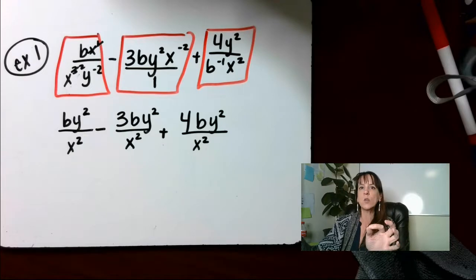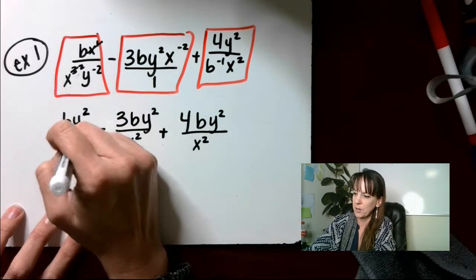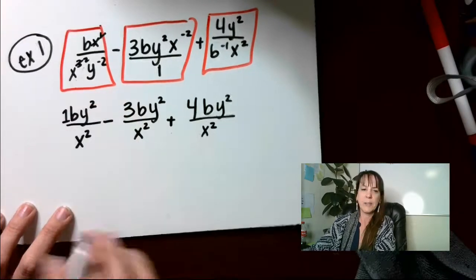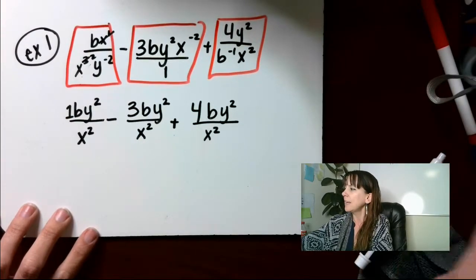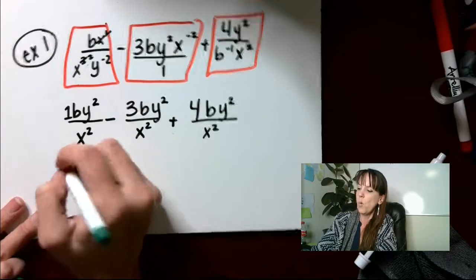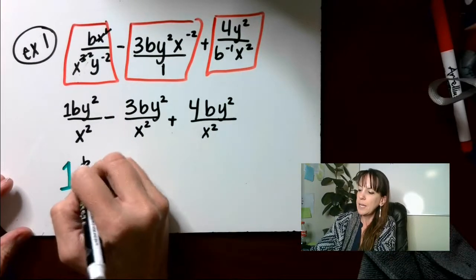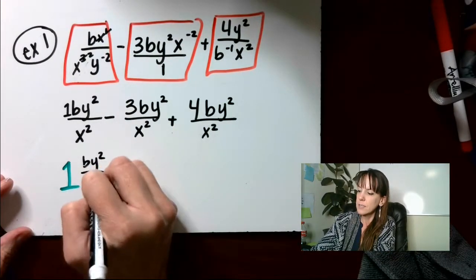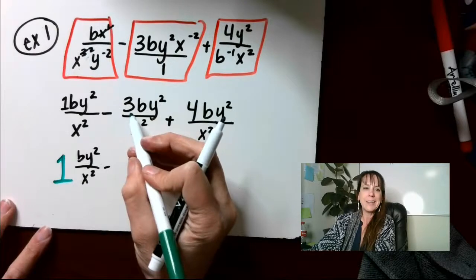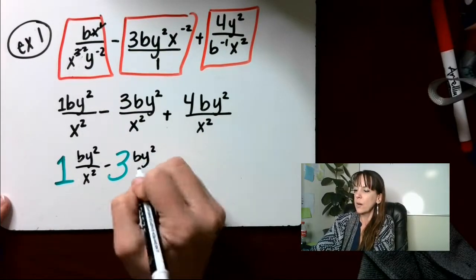I think it's an easier way to see it as like, these guys are like a tag, right? As I go erasing things, there's like a 1 in front here. So think of it like this. If we did 1, and then we have by squared over x squared minus, that guy is a 3, by squared over x squared.